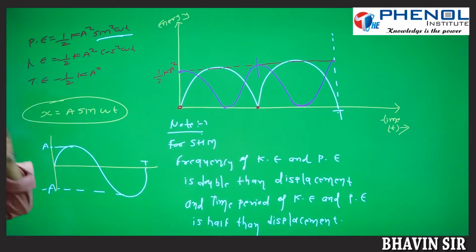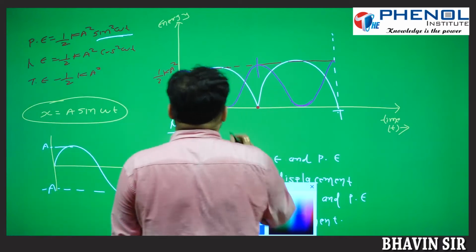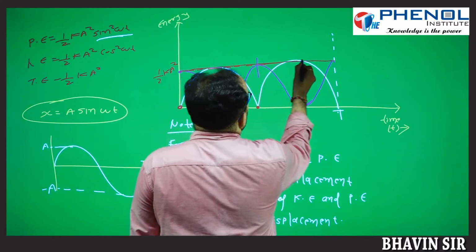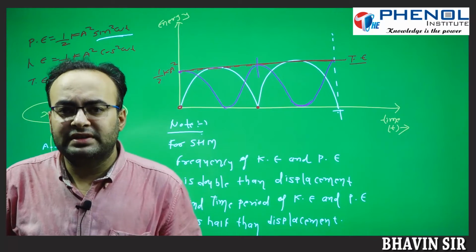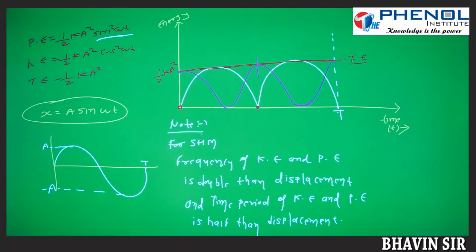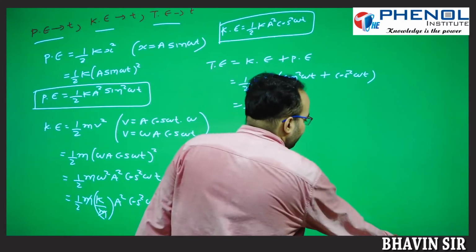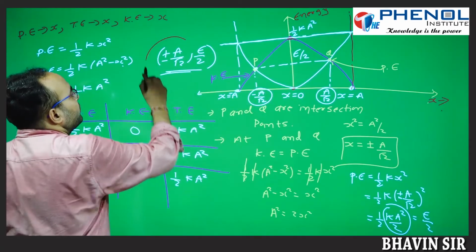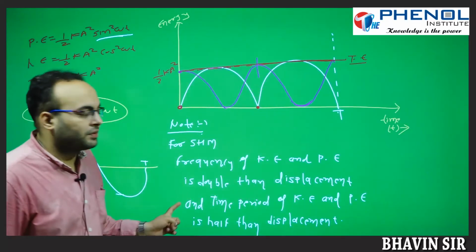Frequency double and time period half, and this is the total energy, right? This is the total energy, it does not change with time, half Ks square. So we discussed the graph of kinetic energy versus time, potential energy versus time, and total energy versus time. Students, the previous graph was versus displacement, and here this is its important point, the intersection point, and here this is the important point.